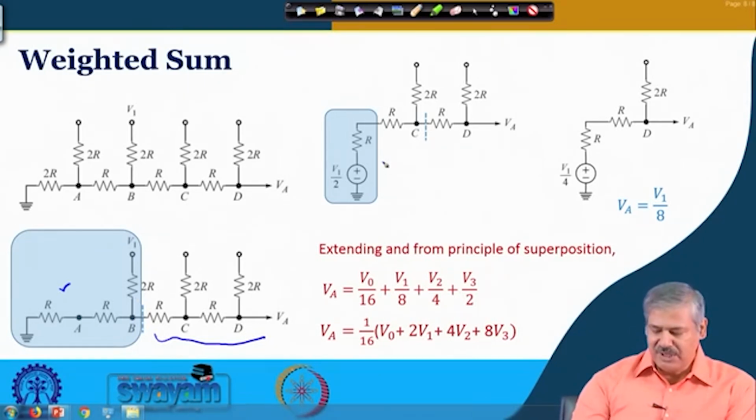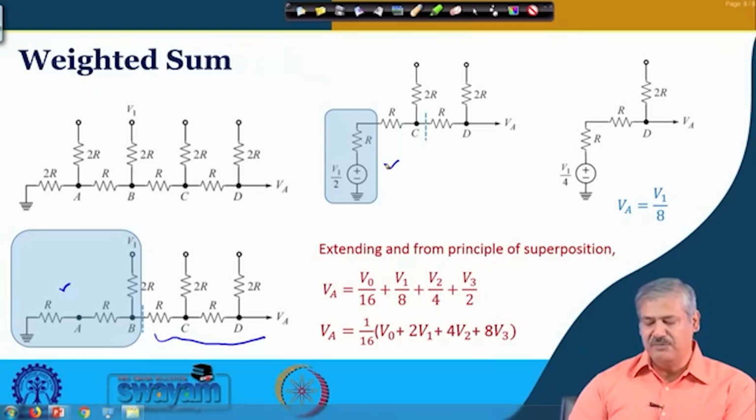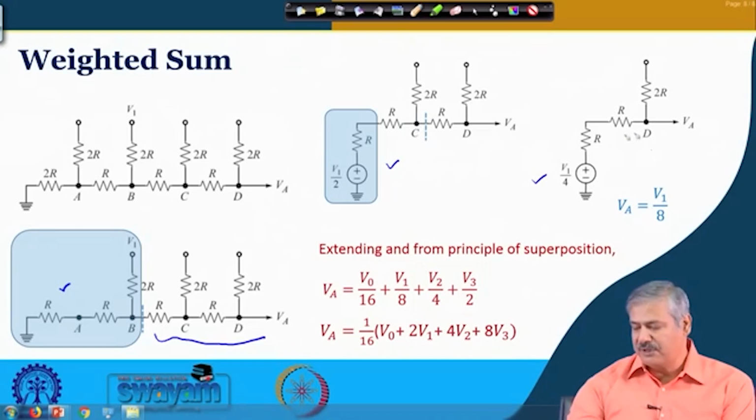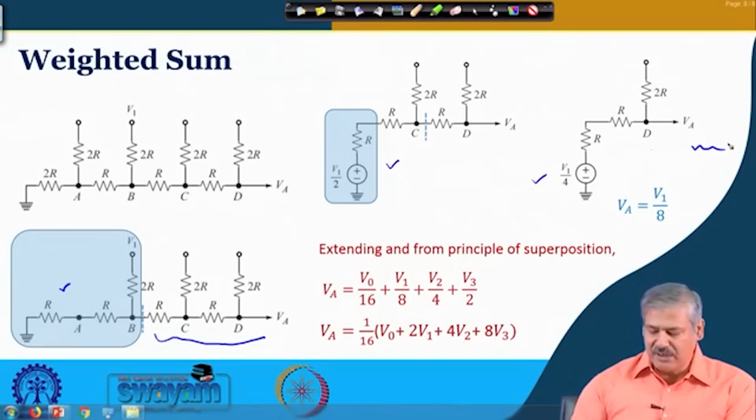So, here first it is becoming V1 by 2 and R, then V1 by 4 and R, and finally it will be V1 by 8, and for this also the output resistance seen will be R. Is it okay?